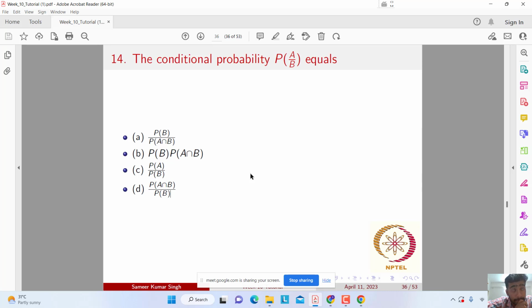Suppose A and B are both independent. You can give the example of the gate failure we solved previously: the failure of gate one doesn't depend on the failure of gate two.